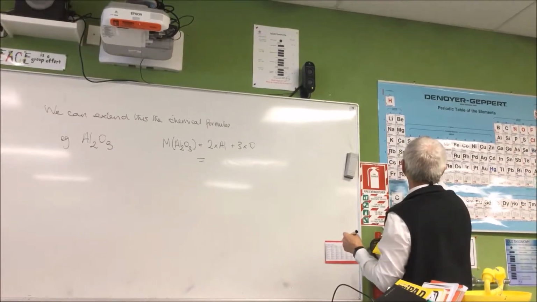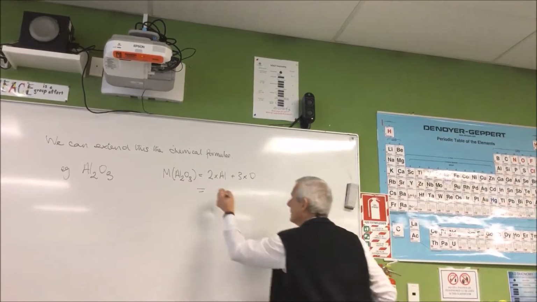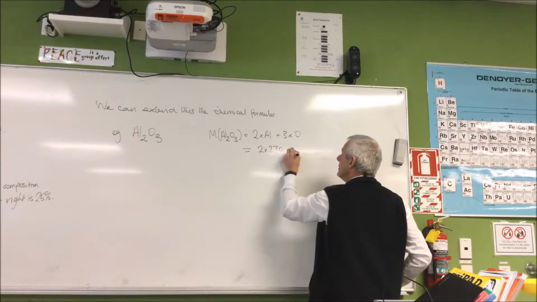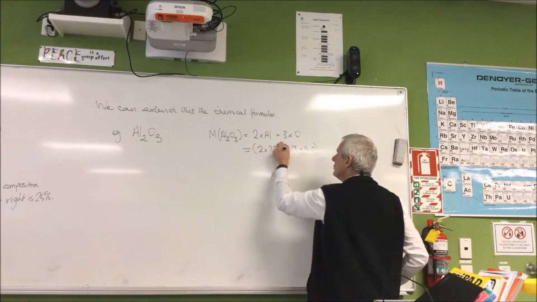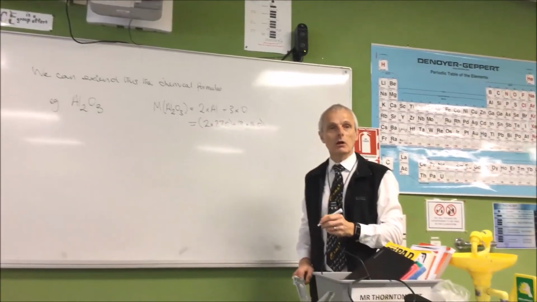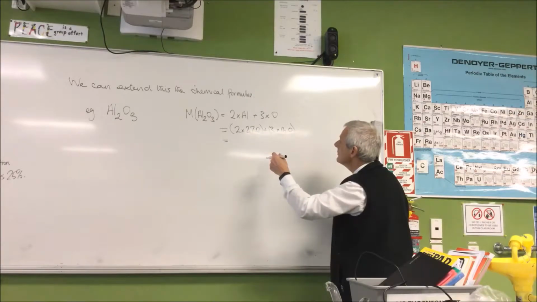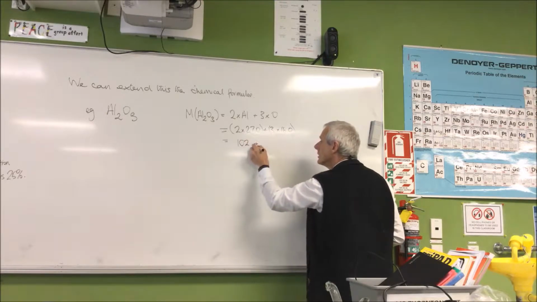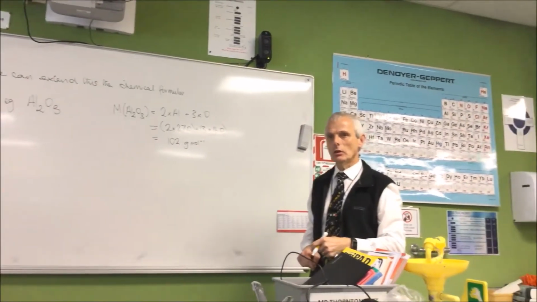So 2 times aluminium, which is 2 times 27.0, plus 3 times 16.0. Good idea to use brackets all the time, and then you won't make a mistake when you put this into your calculator. 54 plus 48 is 102 grams per mole.